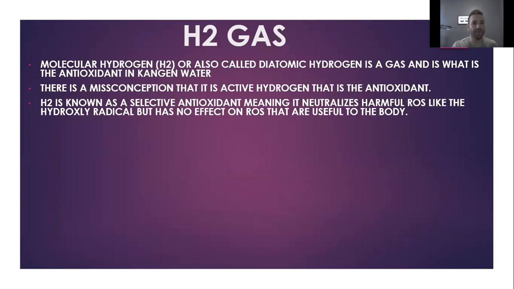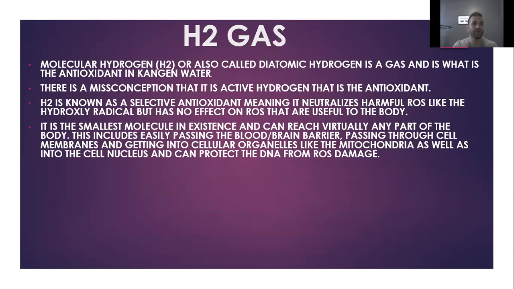H2 is known as a selective antioxidant, meaning it neutralizes harmful ROS, like the hydroxyl radical, but has no effect on ROS that are useful to the body. It's a very smart antioxidant. It is the smallest molecule in existence and can reach virtually any part of the body.